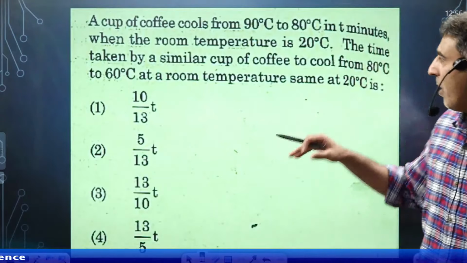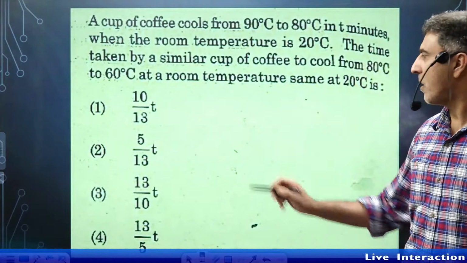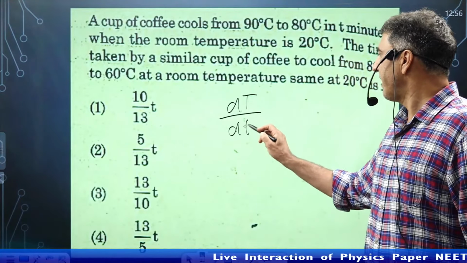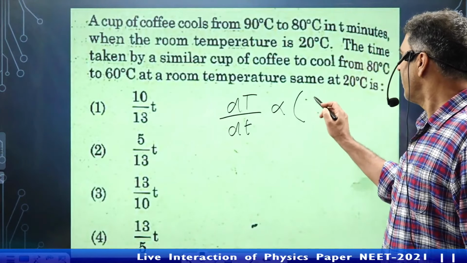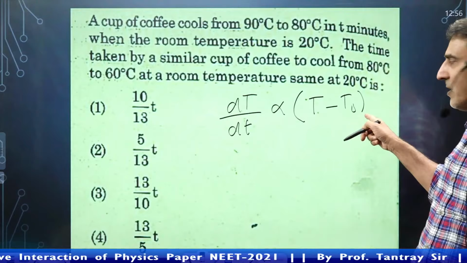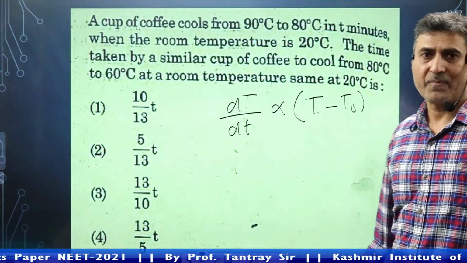Here I will tell you how to solve this question. Have a look. We have Newton's law of cooling, that is dT, change in temperature per unit time, is proportional to temperature difference. This temperature is of the surroundings and this is the temperature of the body. This is the rule.